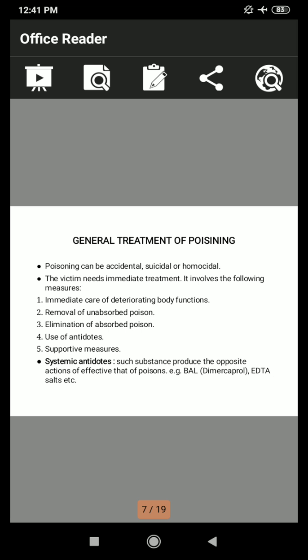These are administered with care because the antagonism is not always complete, and the antidote itself may produce unwanted effects. For example, BAL, dimercaprol, and EDTA salts. These are the systemic antidotes.